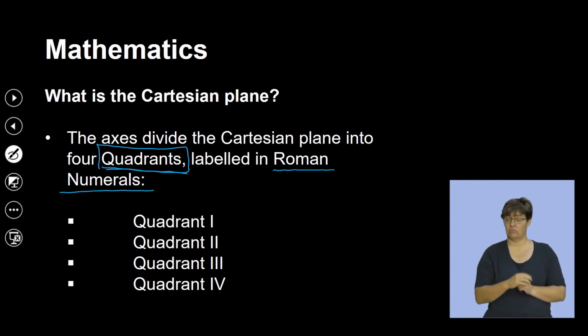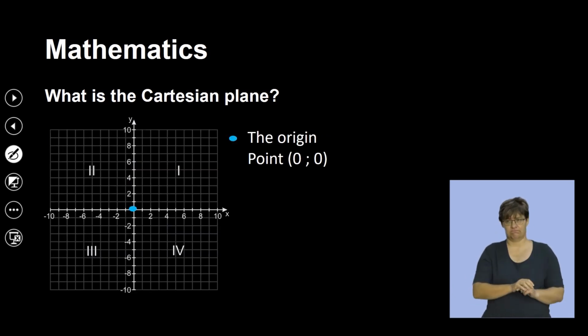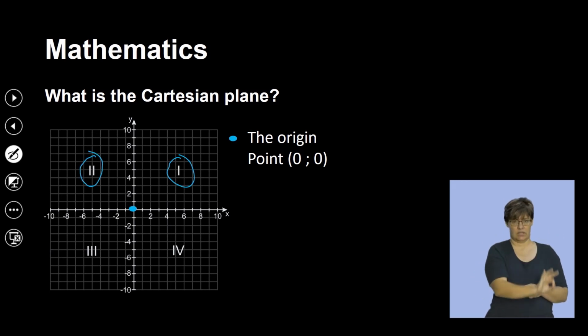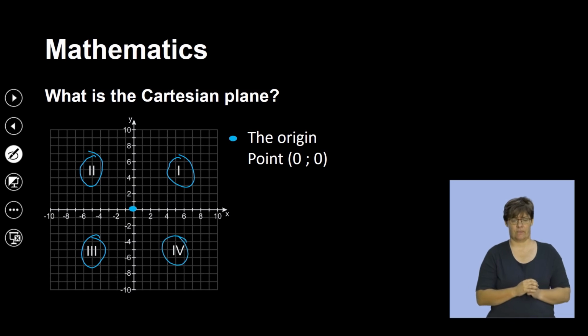So quadrant 1 will look like that. You're not really going to write 1 as a normal number, but as a Roman numeral. And then quadrant 2 with a Roman numeral, quadrant 3, and quadrant 4. But let's look at this on a Cartesian plane itself. This is how it will look. So this will be quadrant 1, that will be quadrant 2, quadrant 3, and quadrant 4.